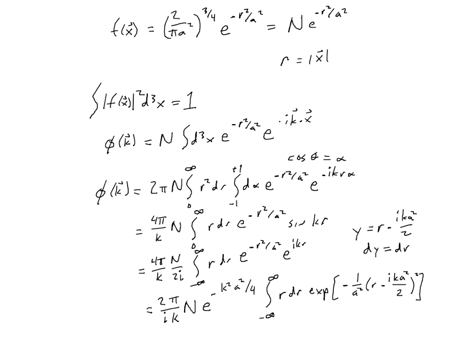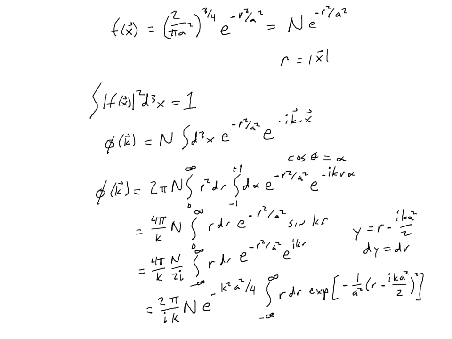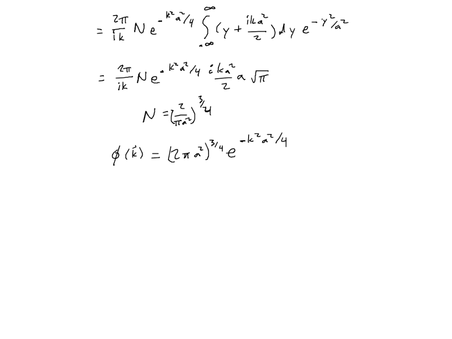It basically says that we started out with a Gaussian distribution, and we ended up with a Gaussian distribution. The difference is that one of them had a width of a, and the other one had a width of 1 over a.